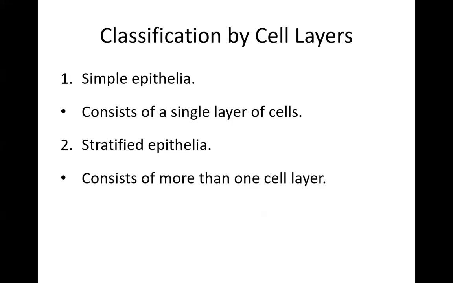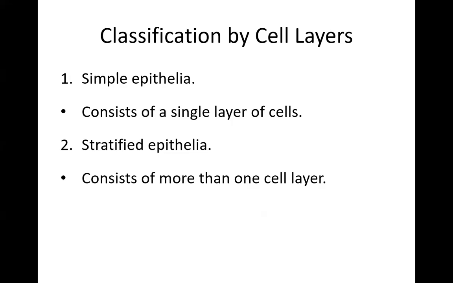You have your basal lamina, and the second one is the reticular lamina, and below is your connective tissue. Okay, and up here is your epithelium. Now let's look at the difference. In simple epithelium, all of the cells are attached to the basement membrane.